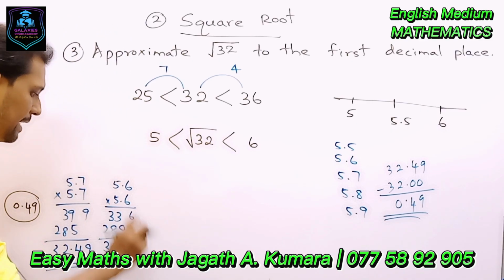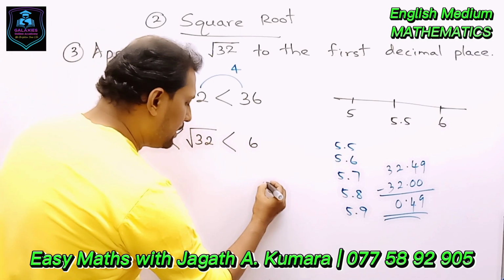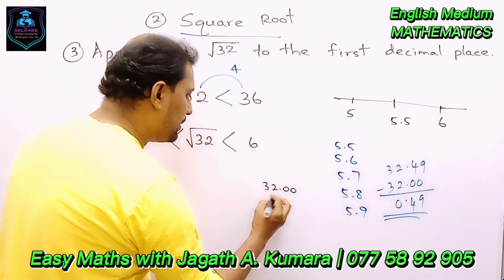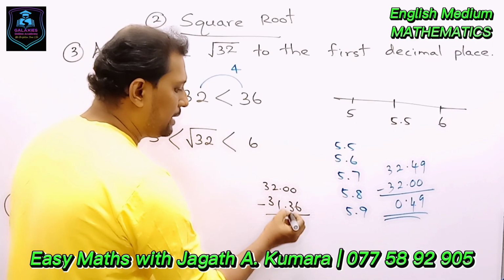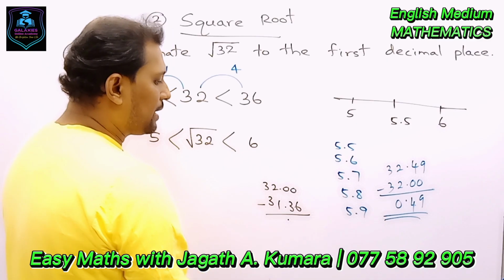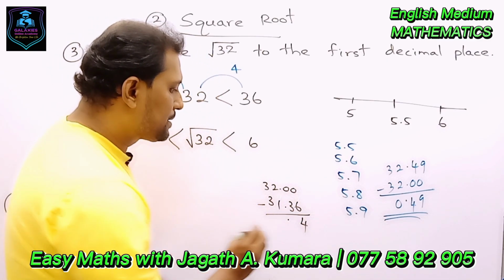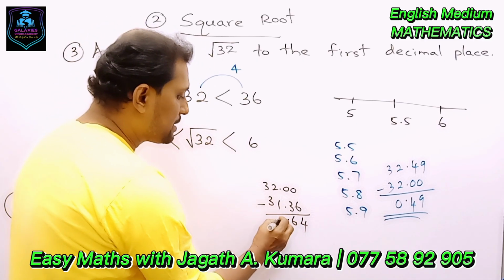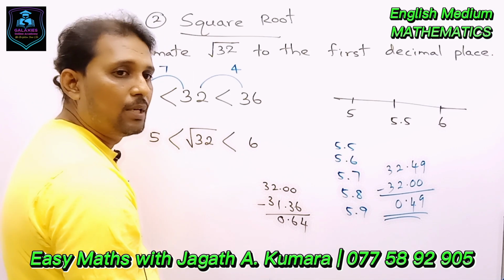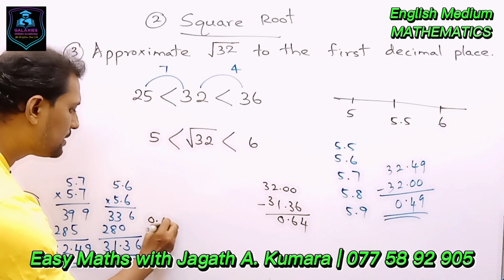Also, we have to find the gap between 32 and 31.36. 32 means 32.00. 31.36. You can subtract. Keep the decimal point. You can take 1 here. 10 minus 6, 4. 9 minus 3, 6. Then here should be 1. 1 minus 1, 0. 3 minus 3, 0. So what is the gap between 32 and this value? 0.64.